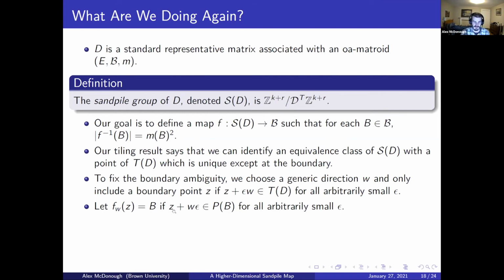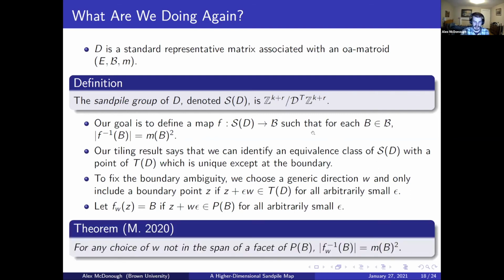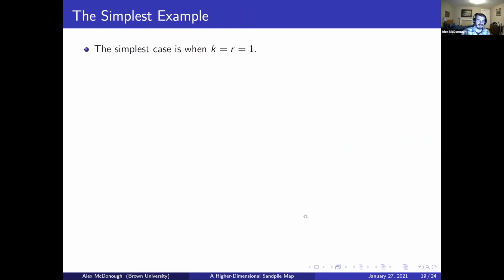And that is going to be the basis that we associate that point with. And the theorem is that as long as we choose our W to be sufficiently generic, then this map is going to have exactly the properties that we want. The size of the preimage is going to be exactly the multiplicity squared of the basis. So let me talk about why that's true.